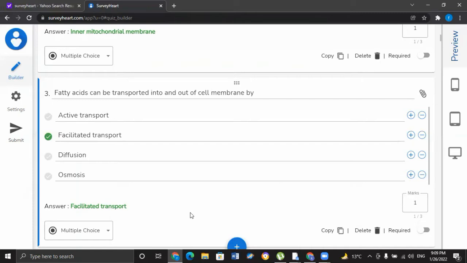The transport mediated by a carrier protein is known as facilitated transport. Active transport is a kind of transport in which energy is utilized in the form of ATP. Diffusion is the transfer of molecules from an area of higher concentration to an area of lower concentration, and osmosis is the movement of water molecules from an area of higher concentration towards lower concentration. So the correct option for MCQ number 3 is B, facilitated transport.